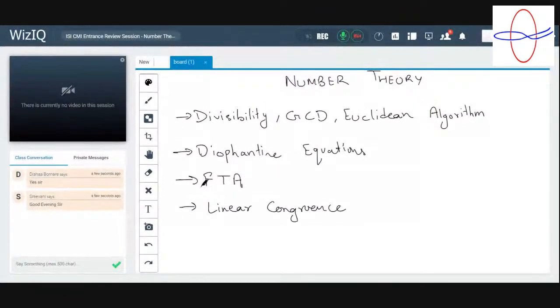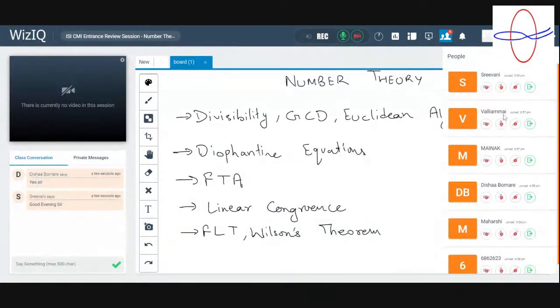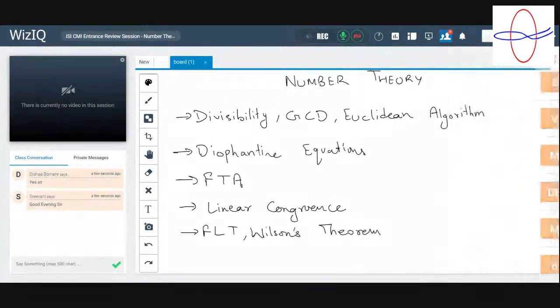And what else do we need to look at today? Fermat's little theorem, Wilson's theorem. We will look at the number theoretic functions.